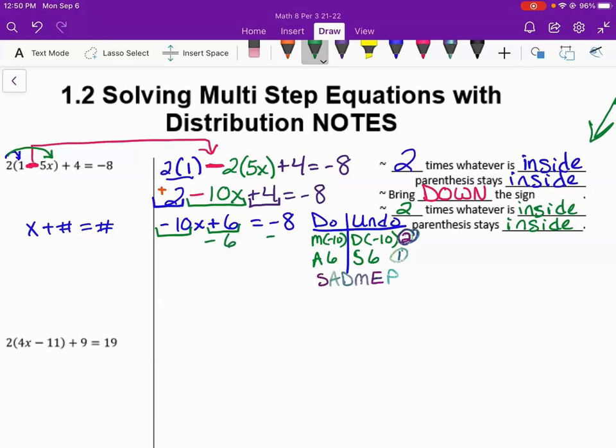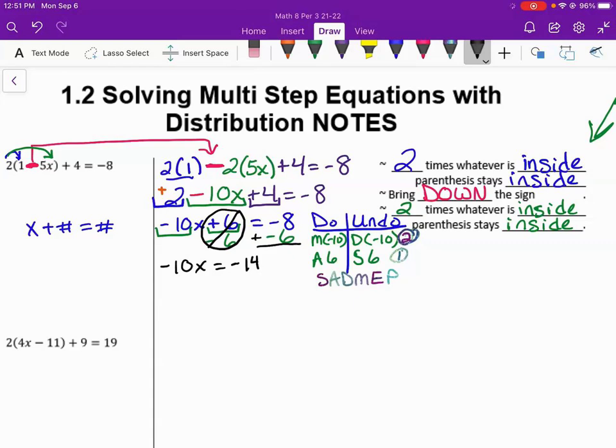Okay. So my steps. Subtract 6 from where? Both sides. This guy, we have opposites, so we know there. And over here, I can add these 2, so I have -14.